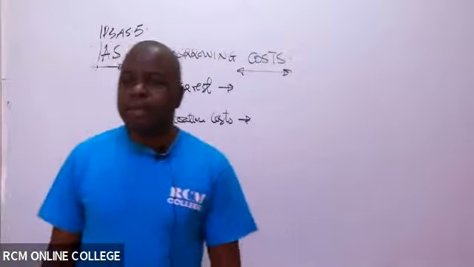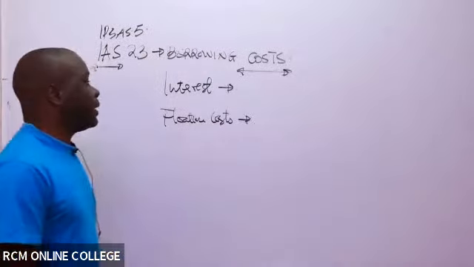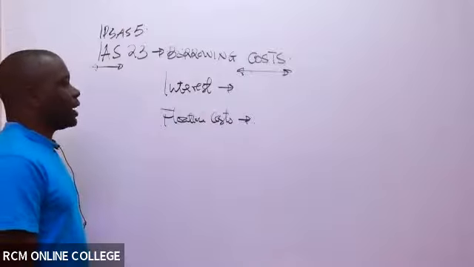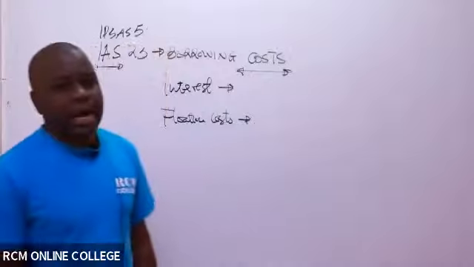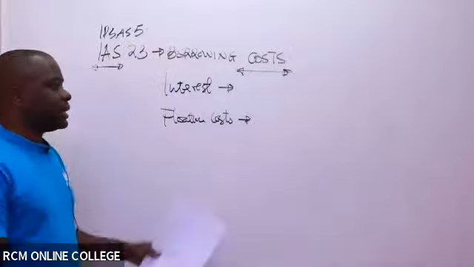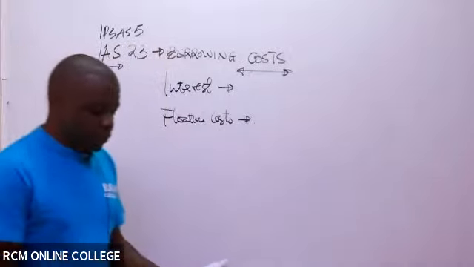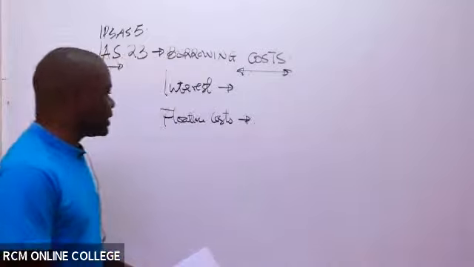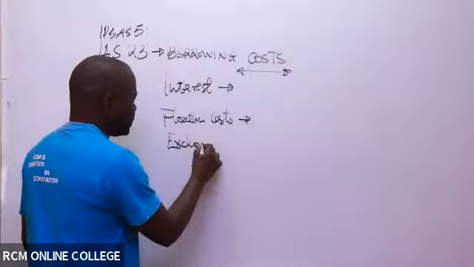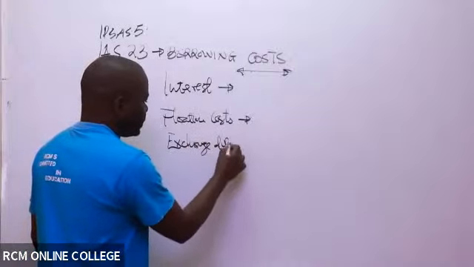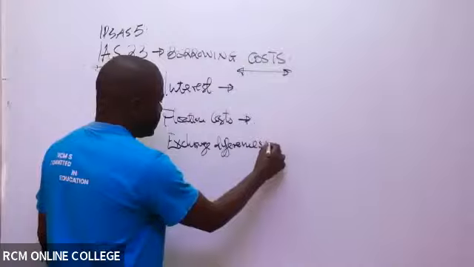Also, during that point in time when you're borrowing, there can be fluctuation in currencies, and you incur a loss in the currency in which you borrowed. So there can be exchange differences in currencies.